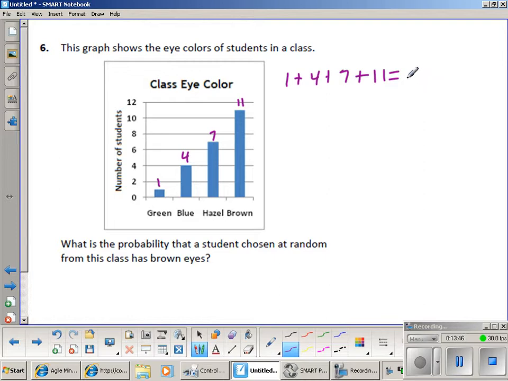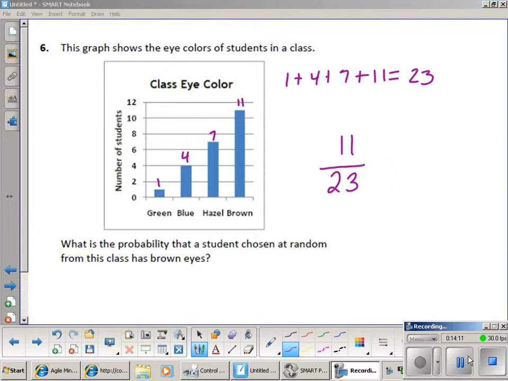So, out of those 23 students, oh yeah, I'm writing a ratio. Out of those 23, how many had brown eyes? Oh, we said 11. Looking a little more familiar now. Okay guys, so now I'm going to evaluate this.